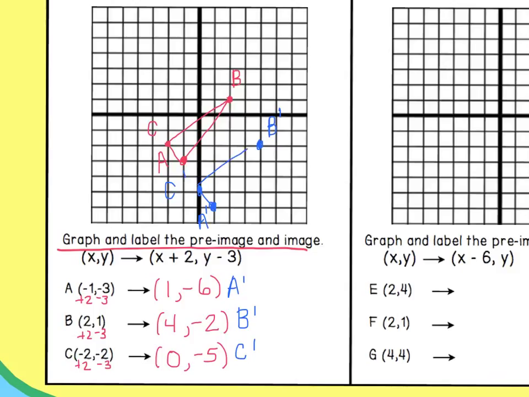So I'll connect my points, and what you'll notice is these two triangles are exactly the same. We moved 2 to the right and 3 down. And if I check from B to B prime, I move 2 to the right and 3 down. From C to C prime, I move 2 to the right and 3 down. And from A to A prime, I move 2 to the right and 3 down.